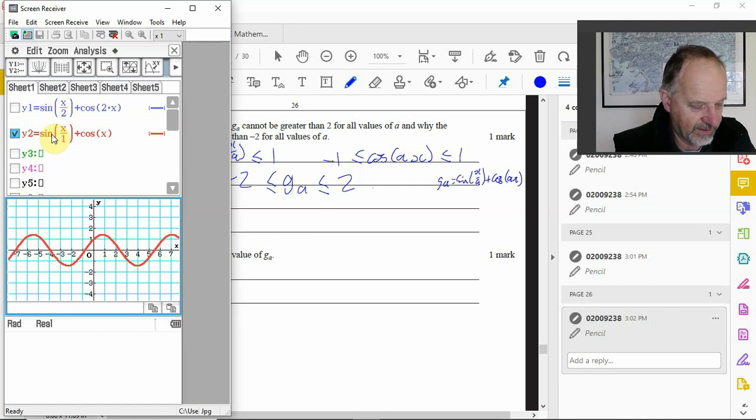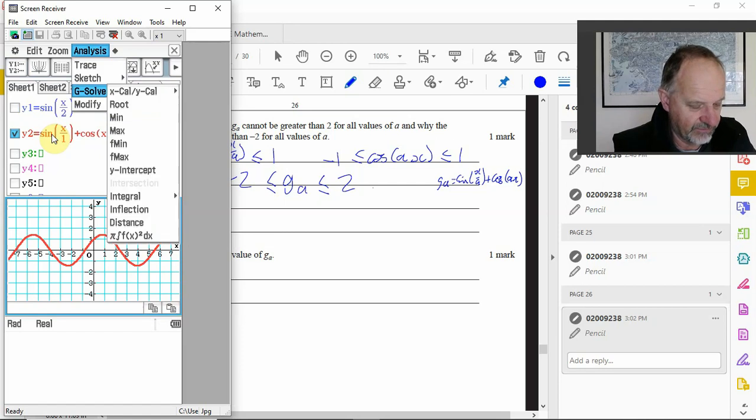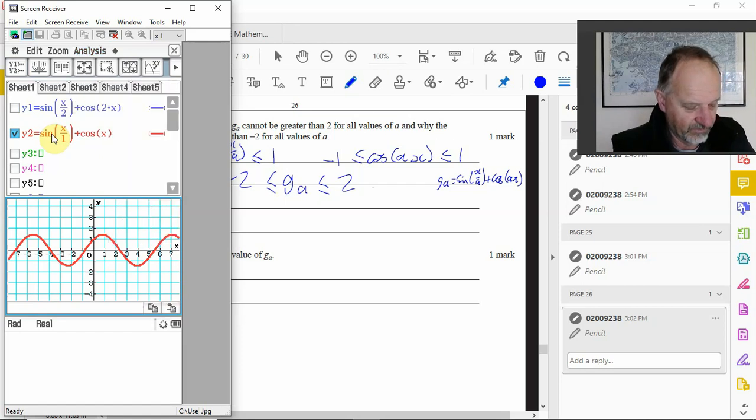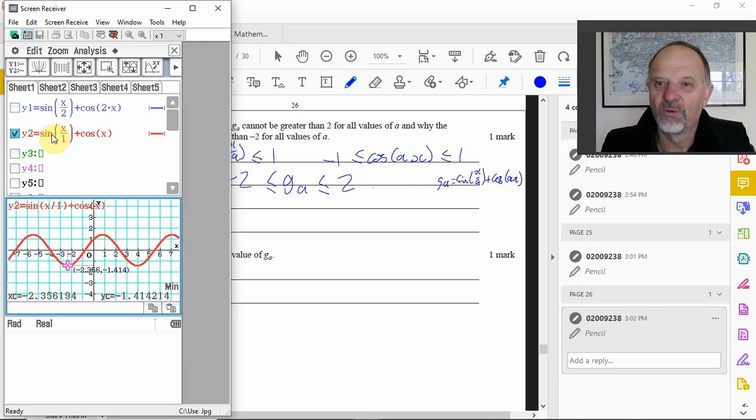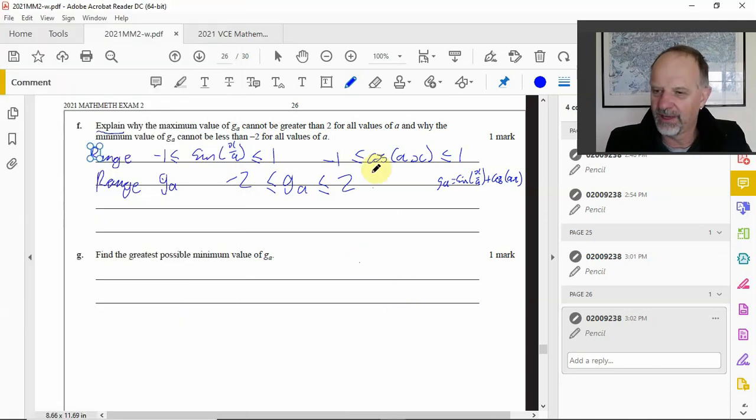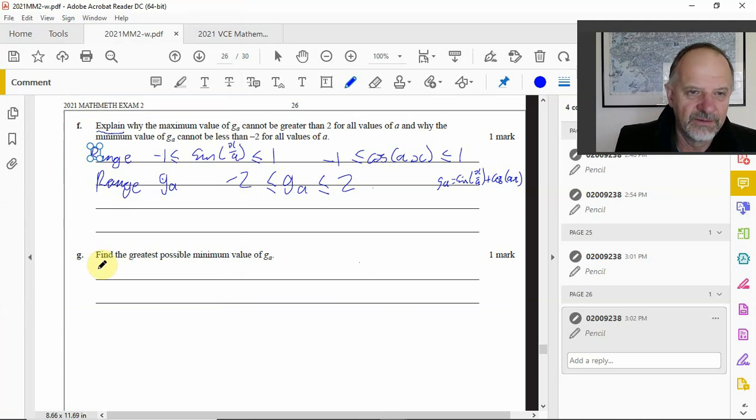Then we go analysis, G solve, find our minimum, and it will give us the minimum. There it is, negative 1.414. And then A is 2, then you do it for A is 3, and when you do that on your calculator, you find the following.